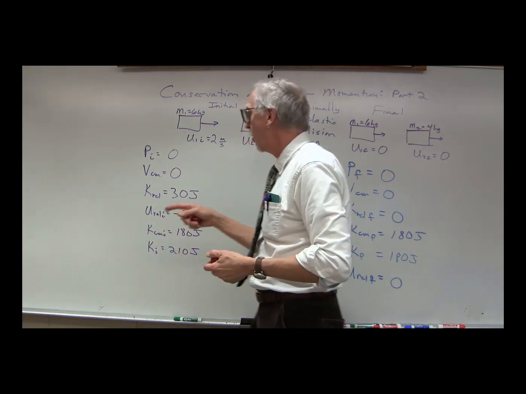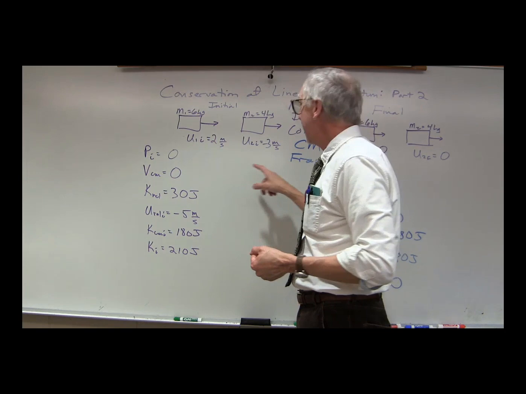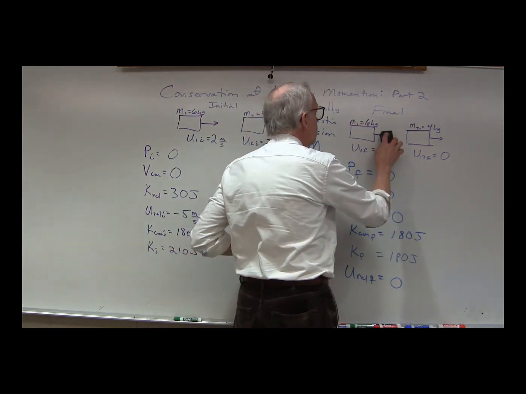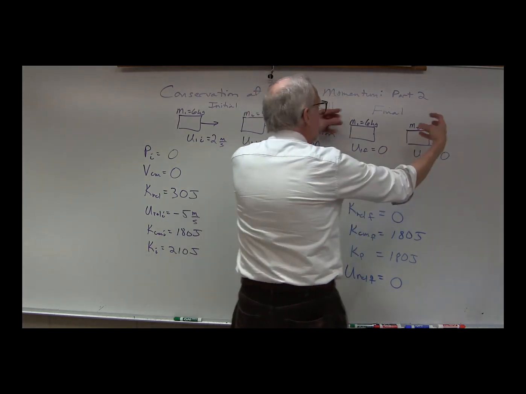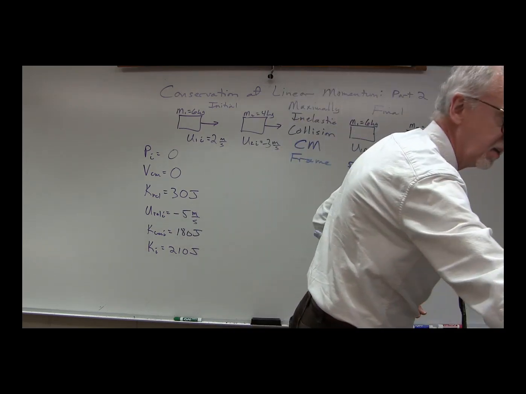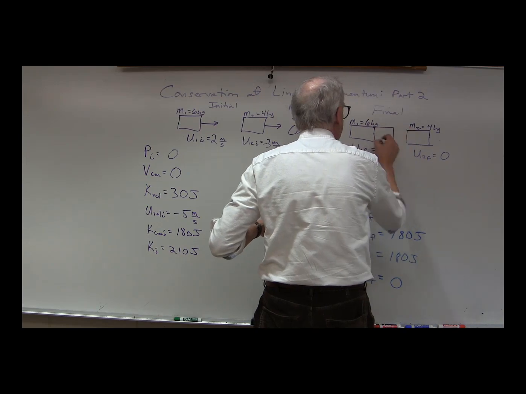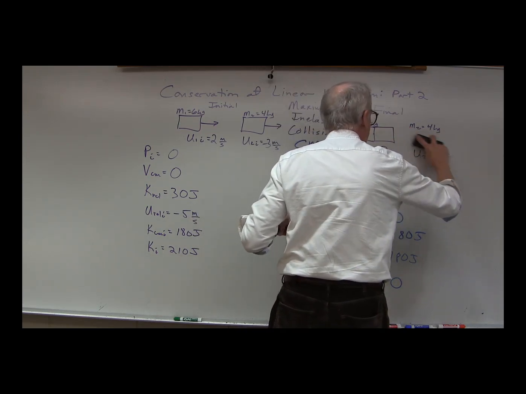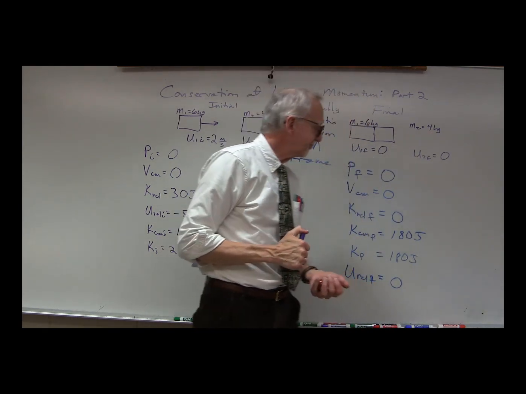Well, the center of mass was always stationary relative to the masses in the center of mass frame. But now both masses are just stopping. So actually, we shouldn't even put these little arrows here. And to be honest, we should draw them stuck together. They are now stuck together as a single object, you might say. So M2 is now over here stuck to M1. Like that. The two masses come together, stick together.